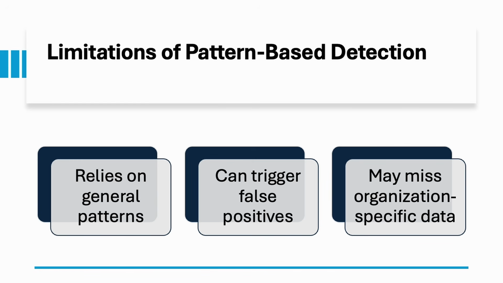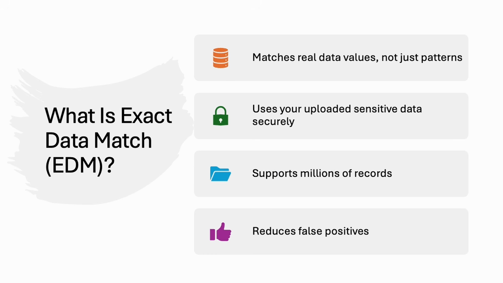The challenge is that it's too general. For example, if a document just has a 9-digit number, it might be flagged as a social security number even if it is not. This can lead to incorrect alerts and a lot of wasted time investigating. Now here EDM comes into the picture.